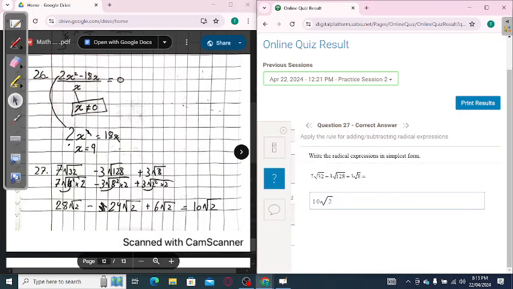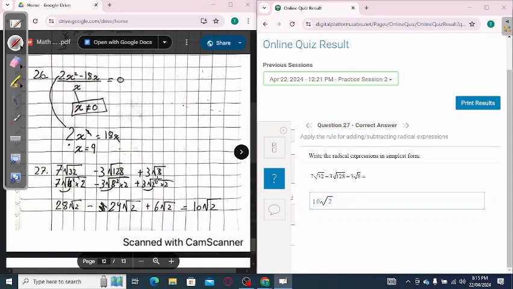Okay, write this expression as this one. Now what you do here, you have to make everything here have the same number in the radical. In this case it was all 2 by trial and error. So 32 is 16 times 2, or 4 squared times 2. And then 128 is 64 times 2, so 8 squared times 2.